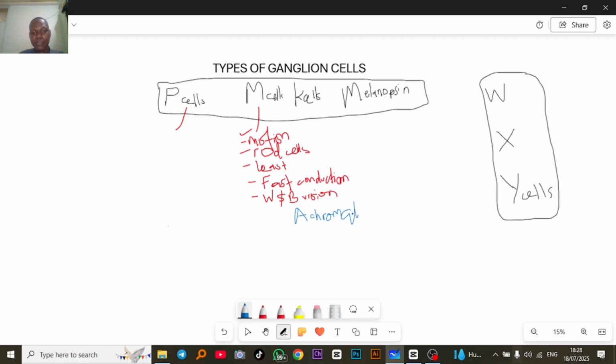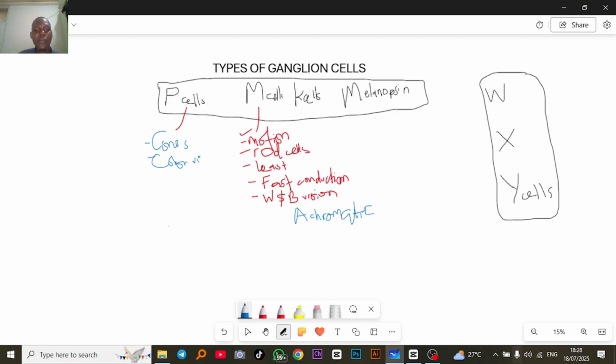Chromatic. Then we look at P cells. These ones receive information mainly from the cones. And of course that would mean that they would be responsible for color vision.